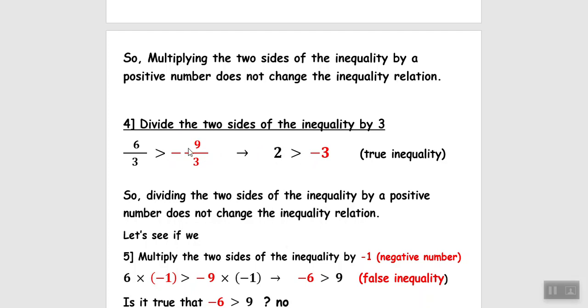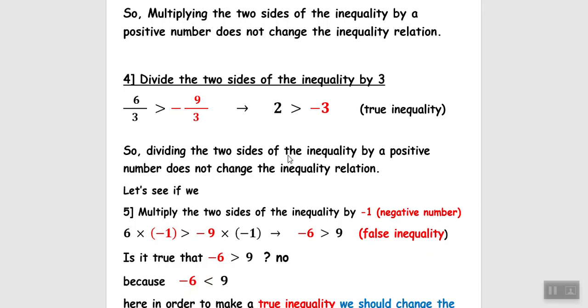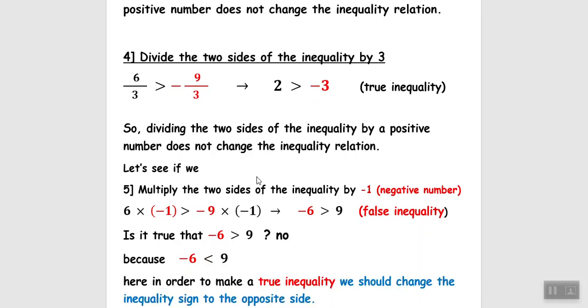The right side, negative 9 divided by 3 equals negative 3. Is it true that 2 is more than negative 3? Right or wrong? Yes, 2 is more than negative 3 because any positive is greater than any negative. So dividing the two sides of the inequality by a positive number doesn't change the inequality relation.